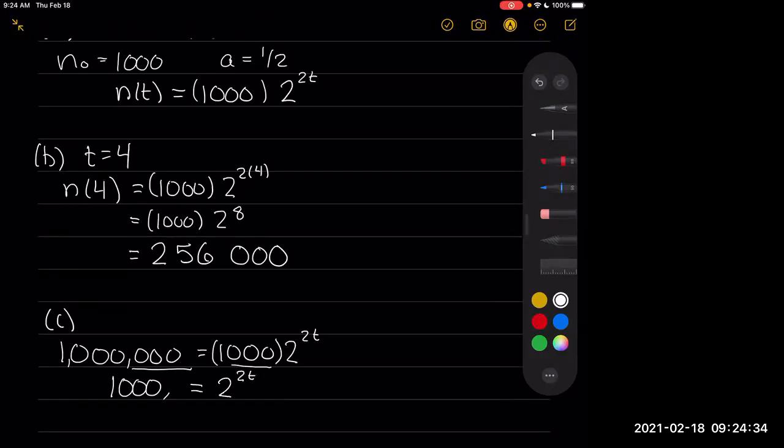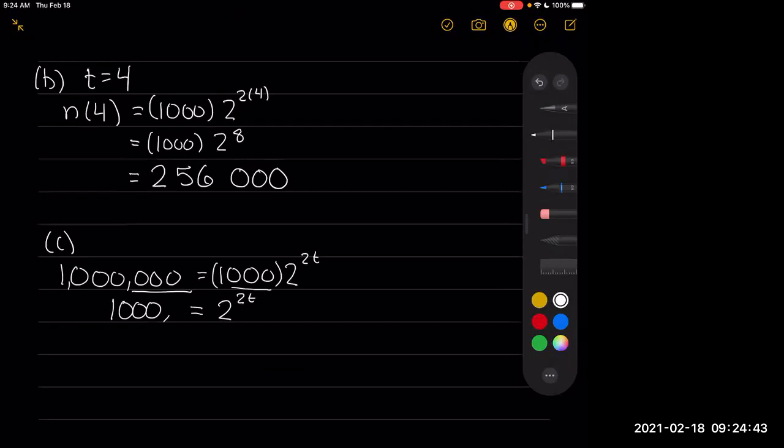Now first we're going to exponentiate both sides. I'm going to use log base 10 because we have this 1,000 over here, so that'll make it kind of clean.